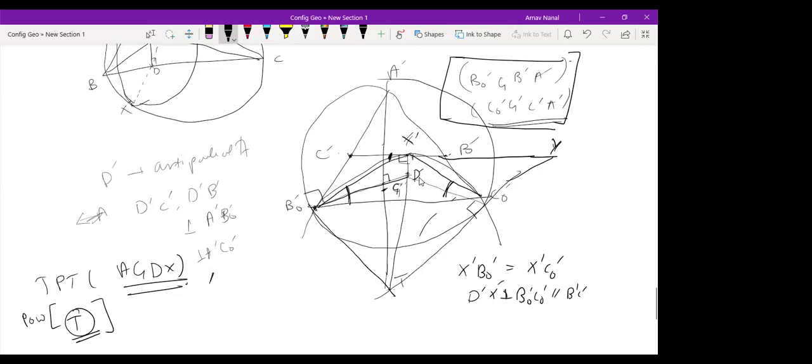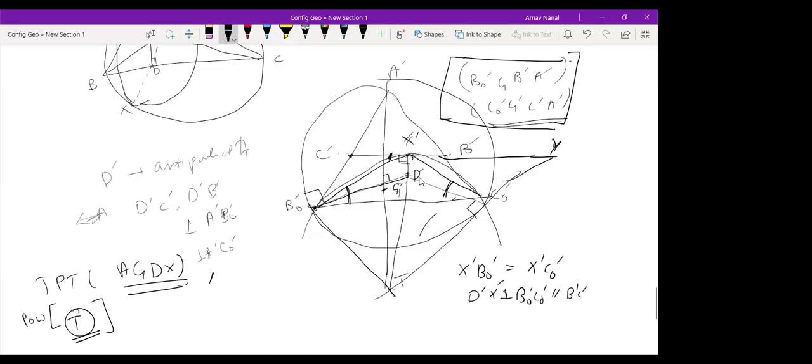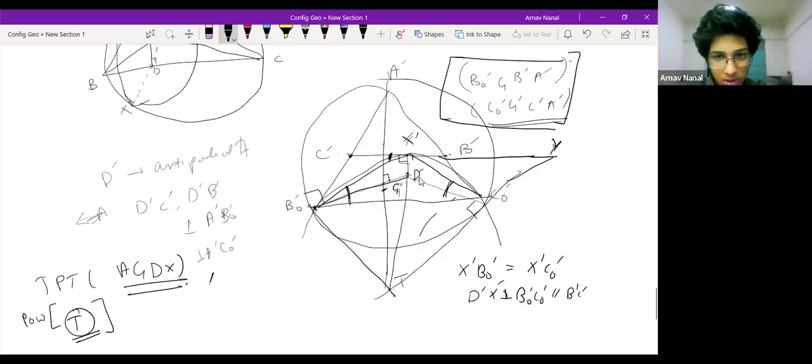But then how can A lie on that circle? You asked us to prove that A lies on X'D'G', right? But you showed that AC'G'D'. Wait, what did you show exactly? So this angle is 90, this angle is 90. So what do you get?